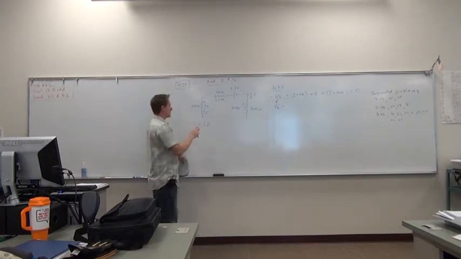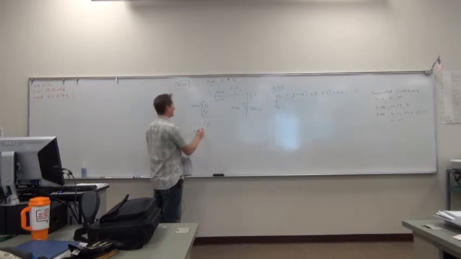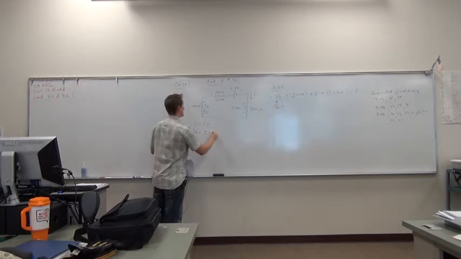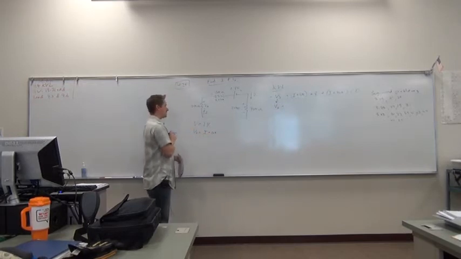Correct? Right. So the magnitude of the voltage in Ohm's law says that Vx is going to be I times 20K. But what is the sign of the voltage in this case?